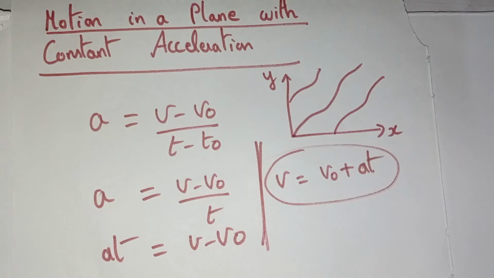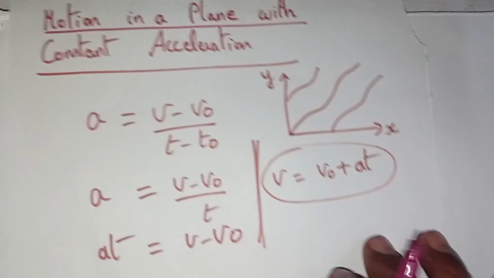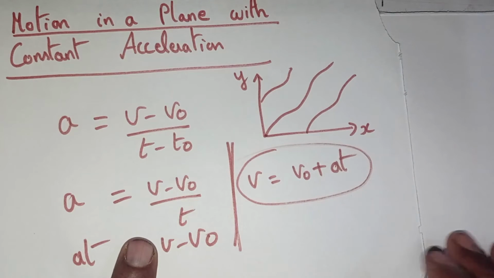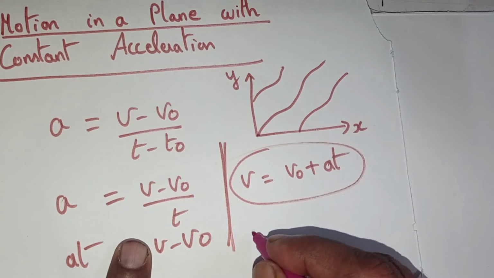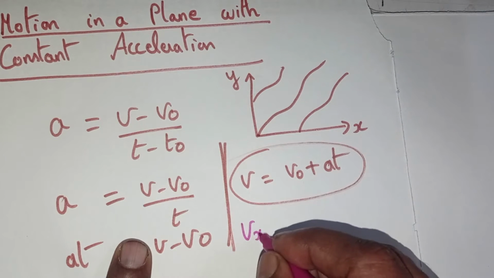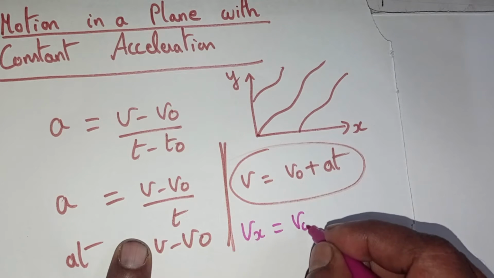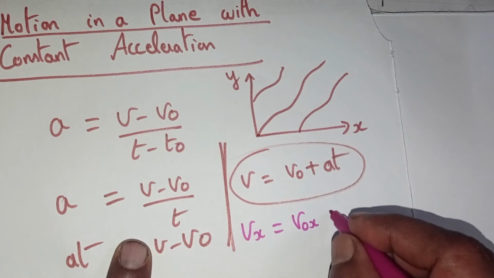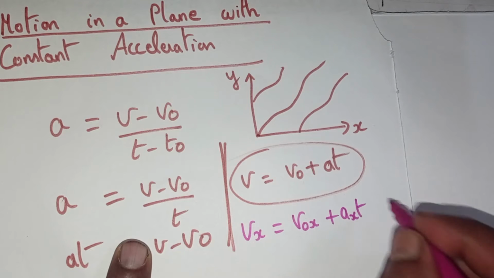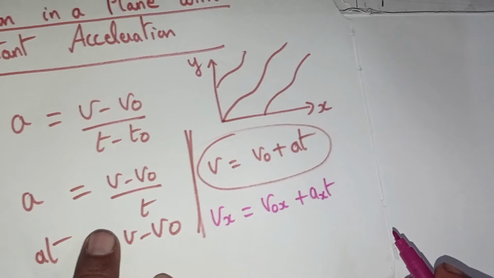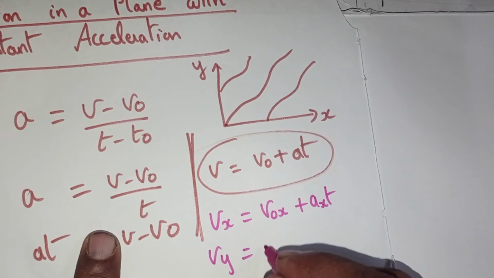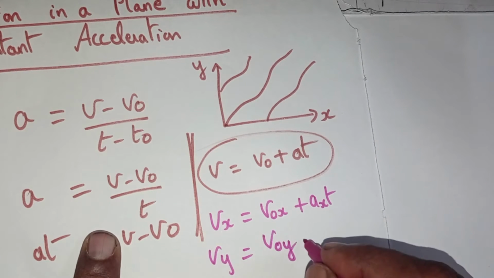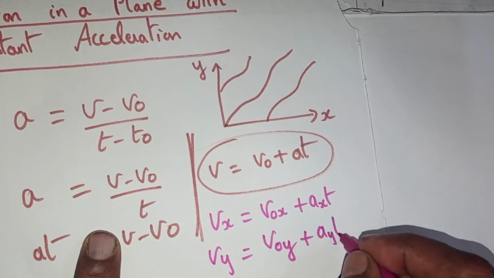Okay. Next, this v naught, v is split into two components, that is x and y components at any point. So vx is equal to vox plus axt, so in the x domain. Similarly, vy is equal to voy plus ayt.